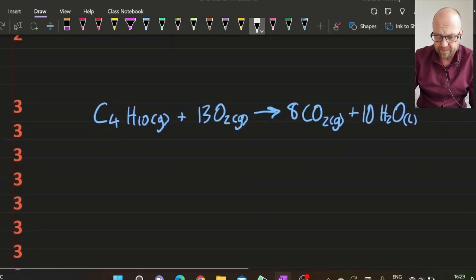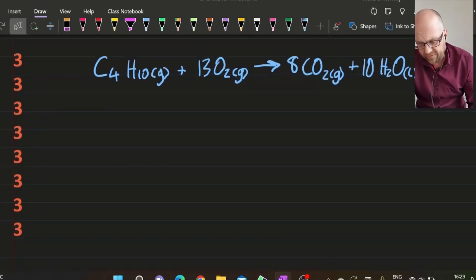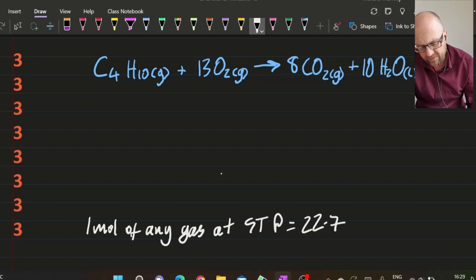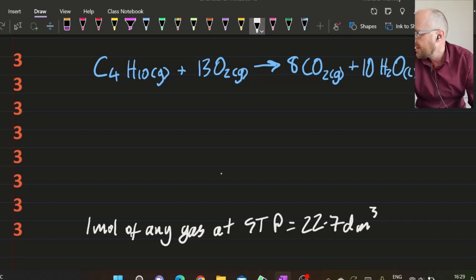Question 3. That relies on the fact that 1 mole of any gas at STP is 22.7 decimeters cubed. So if I know the moles of oxygen, let's say it was 1 mole of oxygen, then I know that it would be 22.7 decimeters cubed volume that I need.